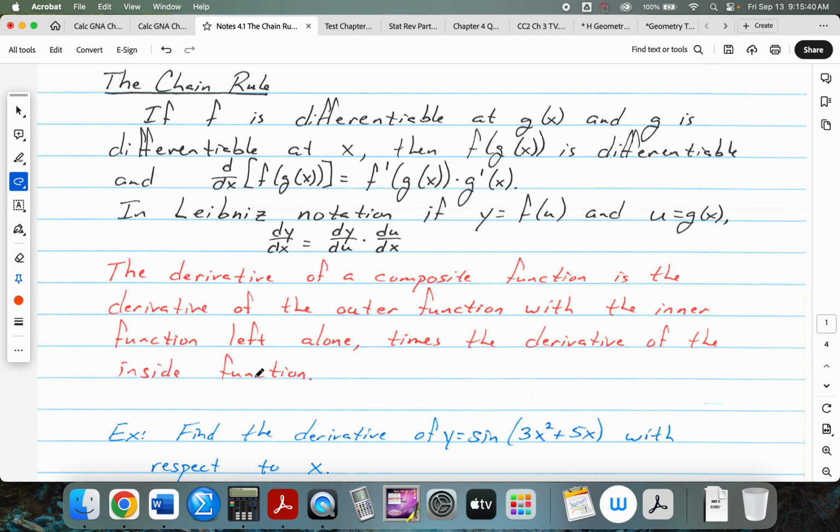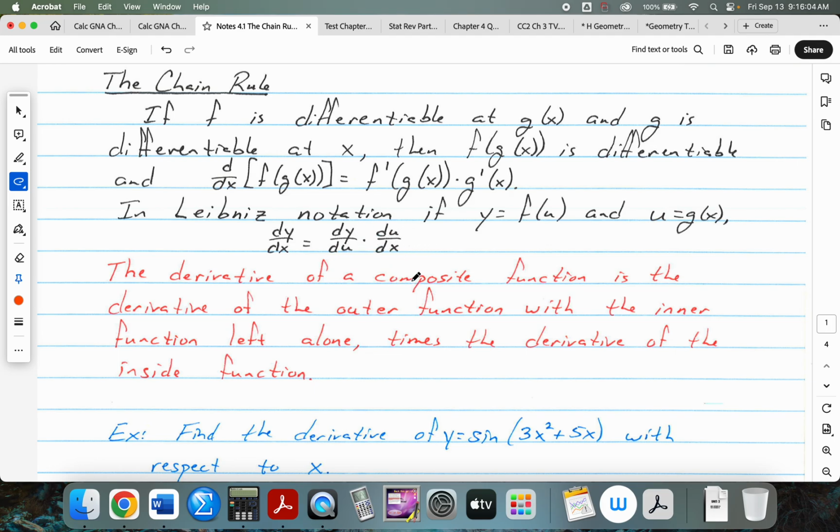In the Leibniz notation, if y is equal to f of u and u is equal to g of x, then we can say that dy/dx is dy/du times du/dx. Which kind of makes sense when you think about it. If you think about this in terms of fractions, the du's would cancel and it's dy/dx.